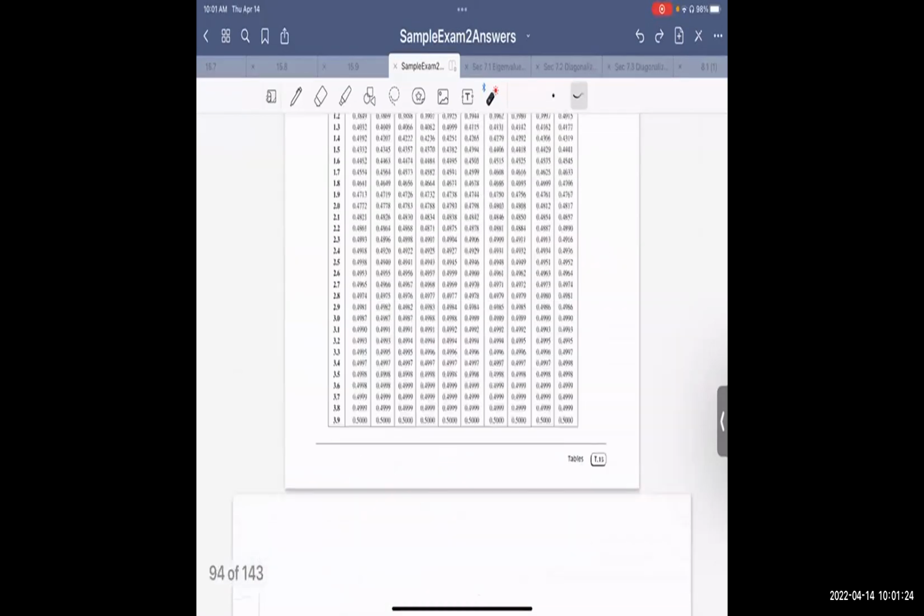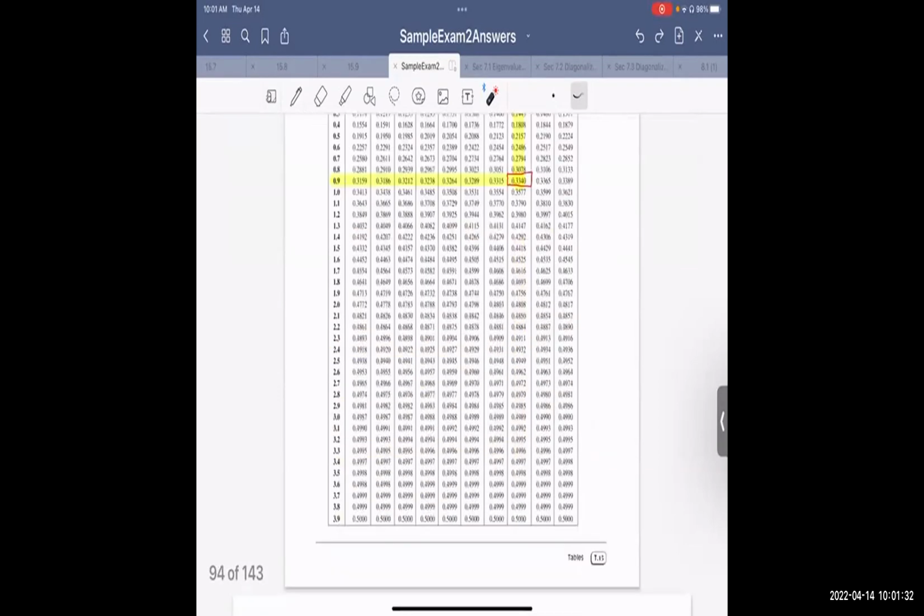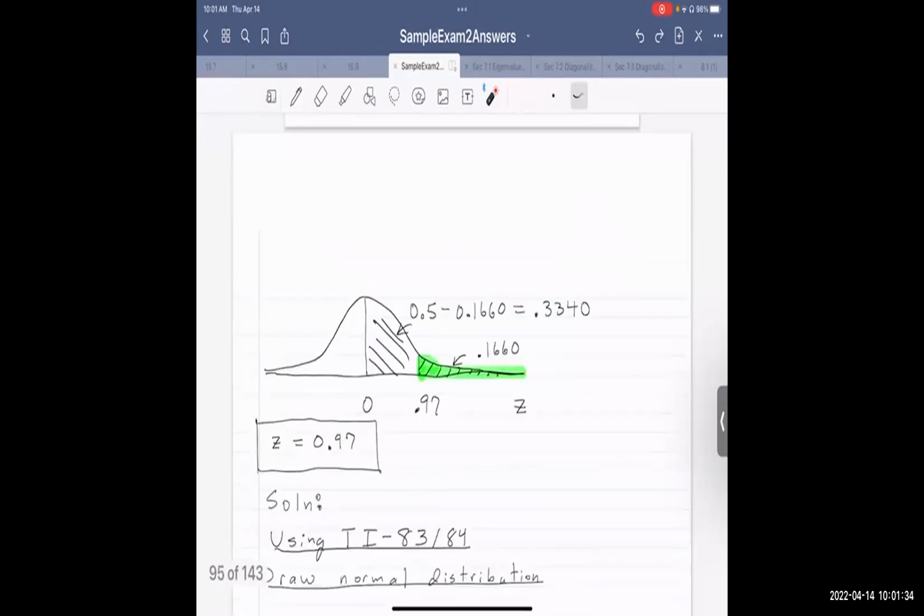Well, when I look in the table, I can only find areas in between, not the area of a right tail. So let's find the area between 0 and whatever the critical value is. I know the area to the right of 0 is 0.5 by symmetry.